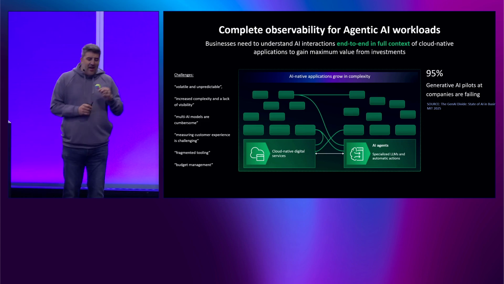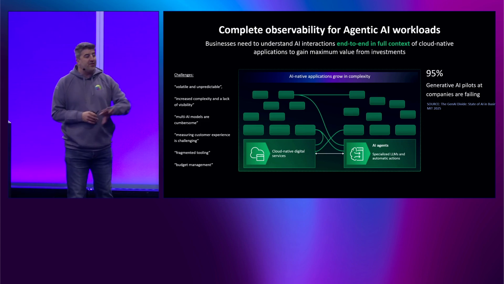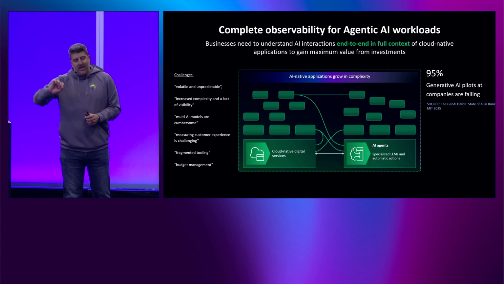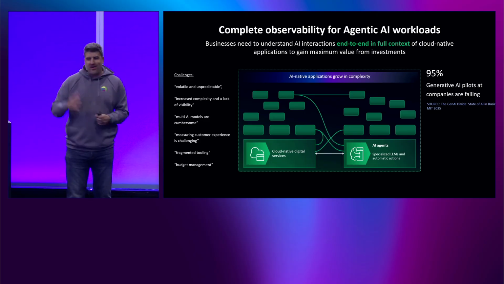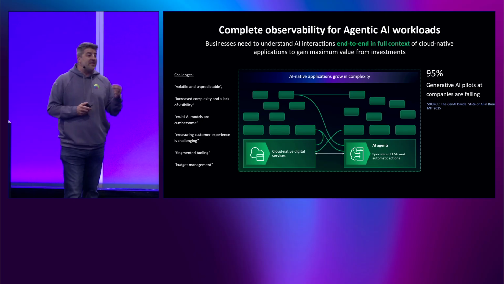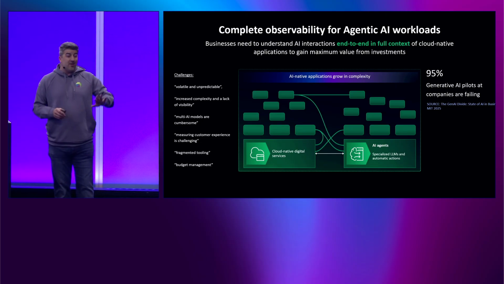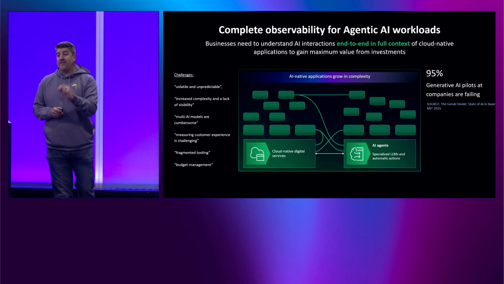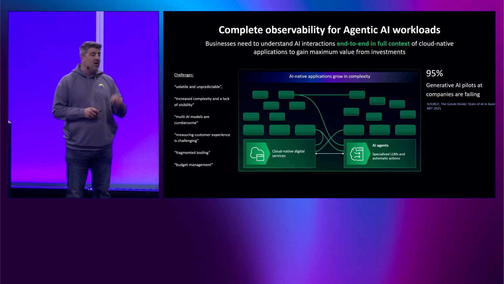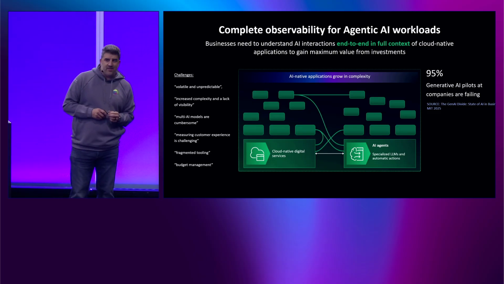And so in this slide, our idea is, hey, we've got cloud native digital services, we've got AI agents, we all need to communicate together. I was having a conversation earlier this morning, and we still have applications that are sitting on mainframes, et cetera, so on. And so what we want to make sure is you have visibility to all of this, depending on your use case and scenario.